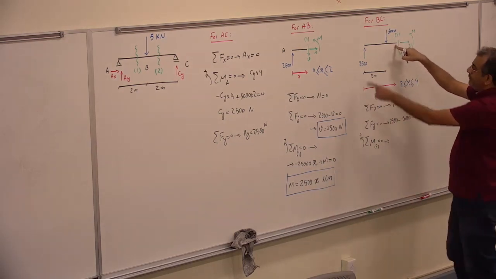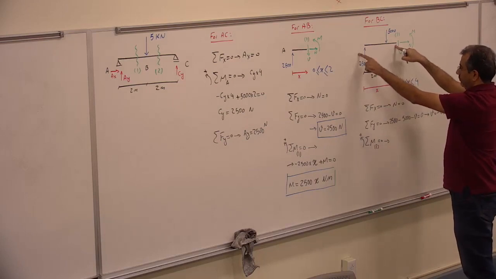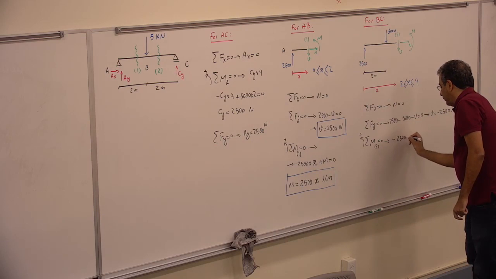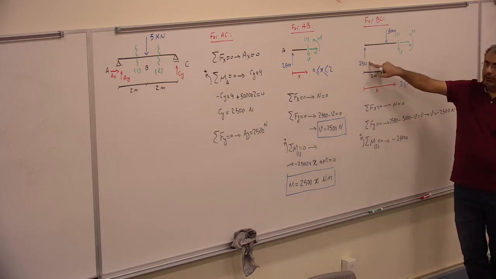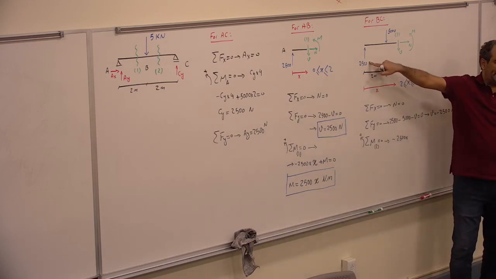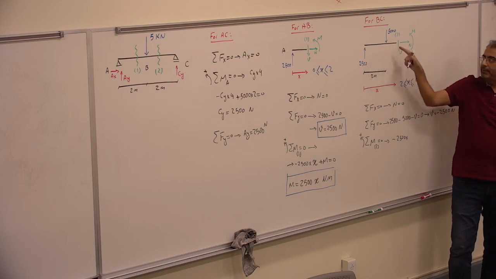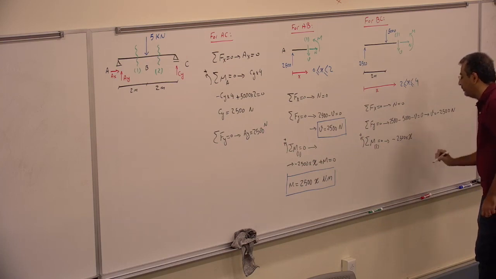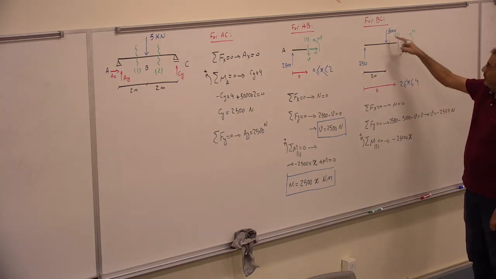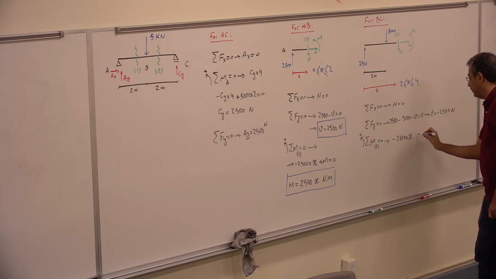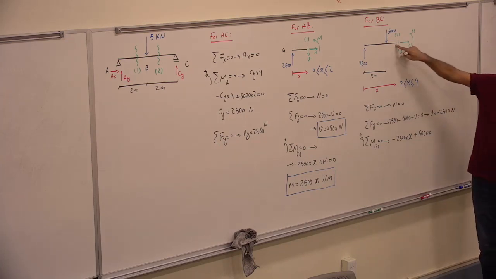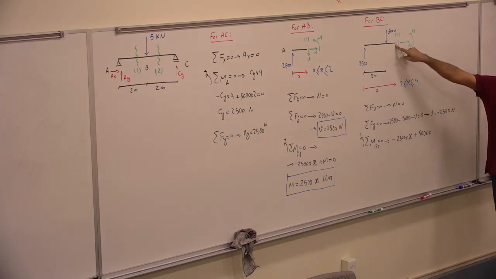The first one is 2500, and the arm for the 2500 is x, so times x. Then I have 5000. What's the arm for the 5000? x minus 2.